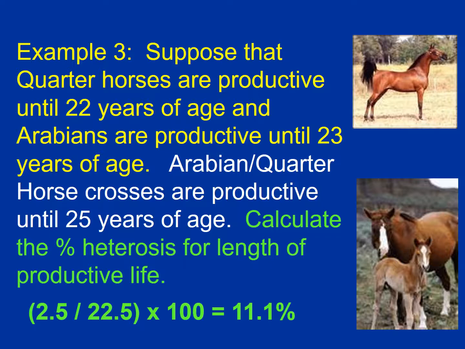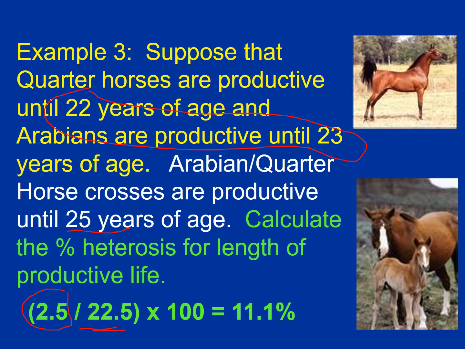So here's our calculations. The amount of heterosis is 2.5, since the crossbreds averaged 25 years, while the average of our parental breeds, the average of 22 and 23, is 22.5, so there's the average of the parental breeds.